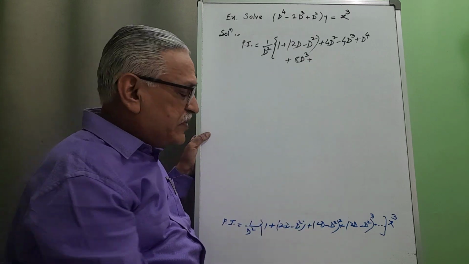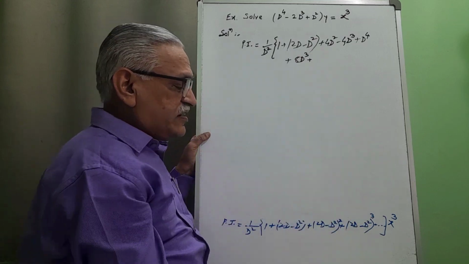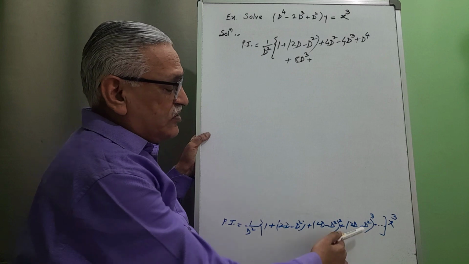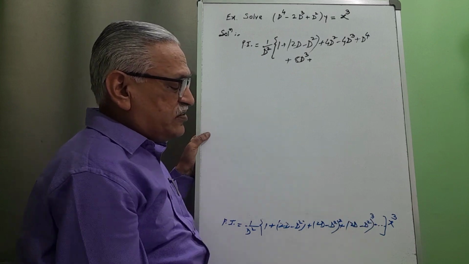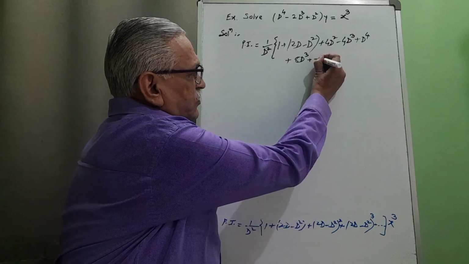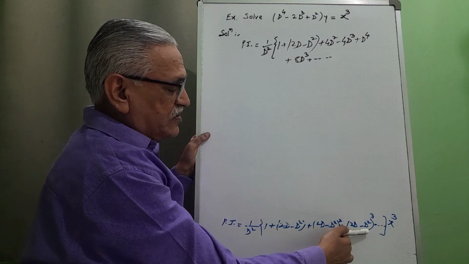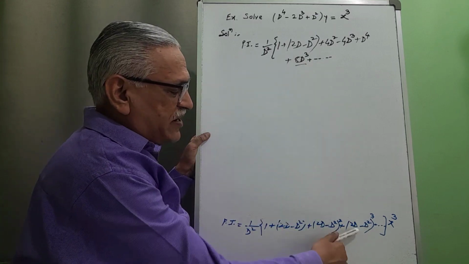Next one is 3ab square, the square of this is d raised to 4. Again, we have to neglect it. And plus b cube, the cube of this, d square cubed is d raised to 6, neglecting it. Therefore, we have to take only one term, that is 8d cube, from the expansion of this bracket.